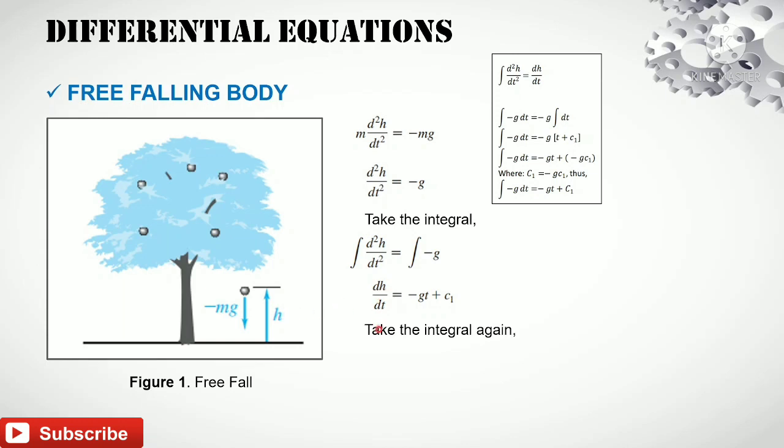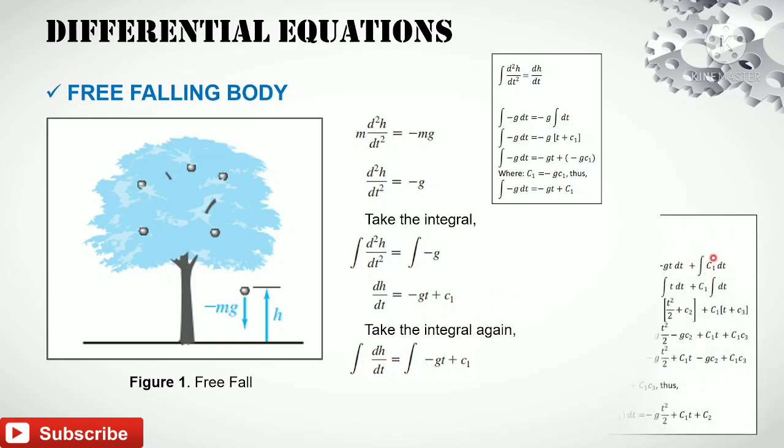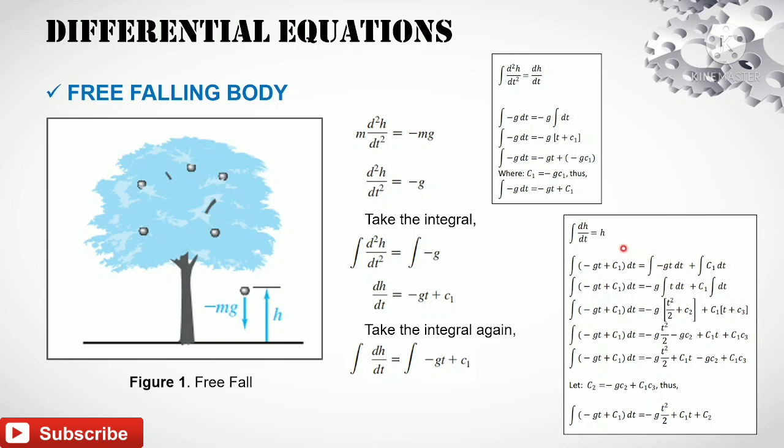So taking the integral, we will put the integral sign here and also here. So we have now this brief solution on how to get the integral of dh over dt, which is equal to h, and then the integral of this negative jt plus c1 with respect also to your time dt.